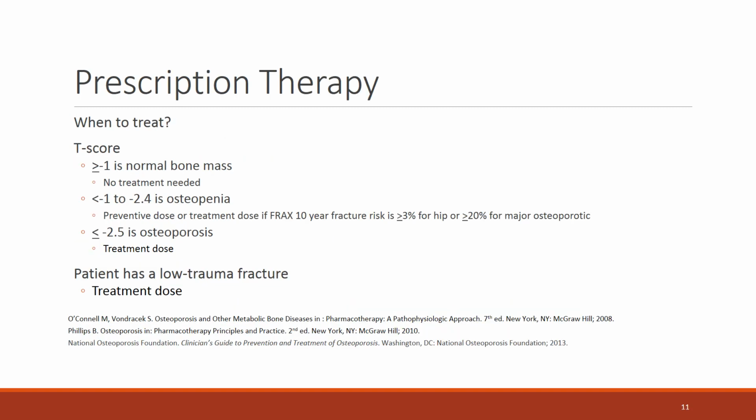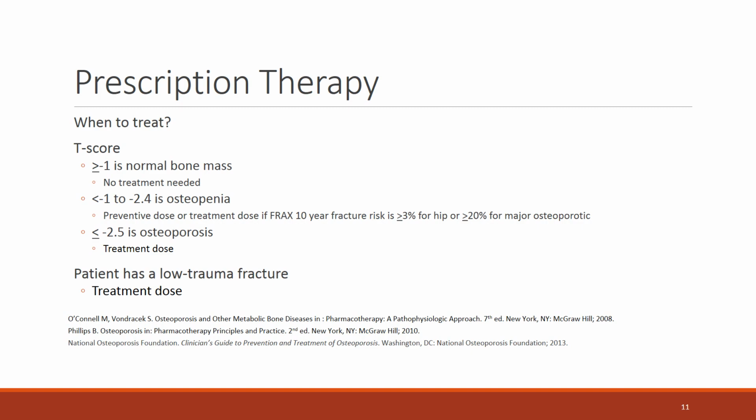So when do we treat? Again, as we have the DEXA scan being done, we look at what the T-score is, and if the T-score is higher than -1, so 0, +1, +0.5, even -0.5, that's better than -1, that's considered normal and no treatment's needed. If they're between that -1 to -2.4, it's considered osteopenia.